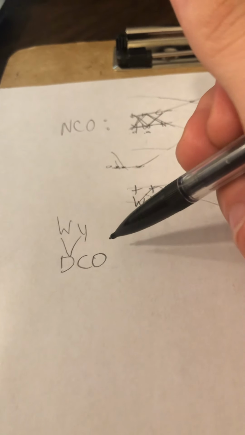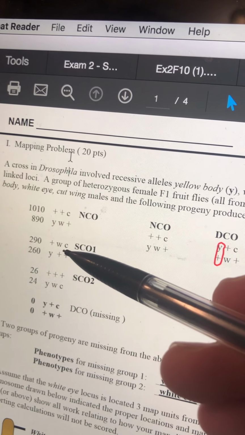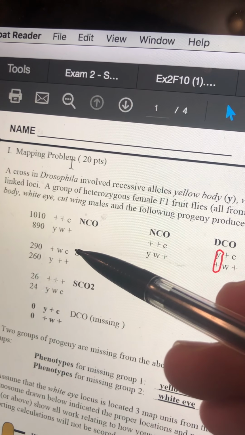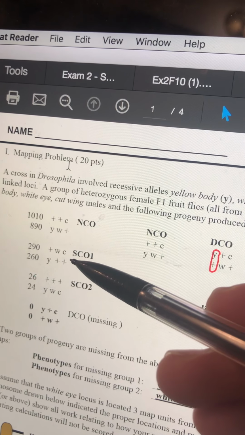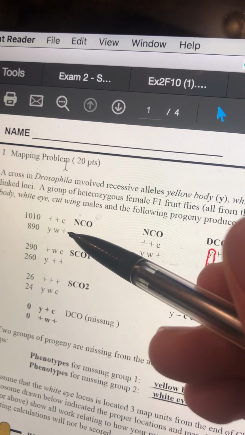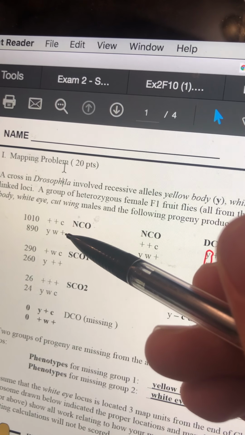What else contains a crossover between W and Y? This one right here does not, because we start with this. Hold on.